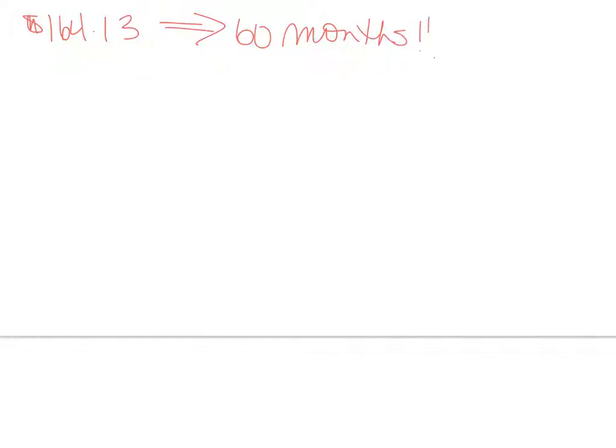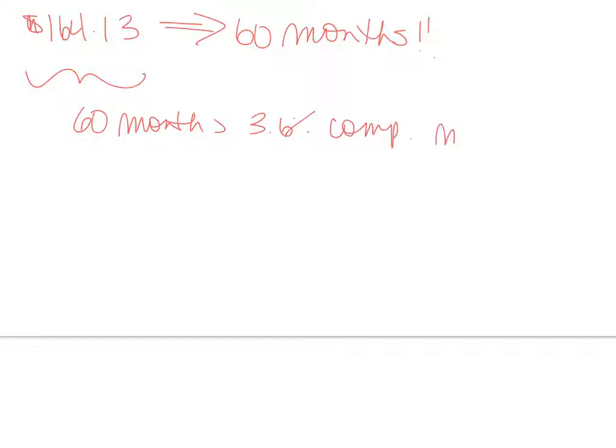So for example, if Jack decides not to buy the car and instead deposits $164.13 a month into a new account, earning 3.6% interest compounded monthly, how much does he have at the end of 60 months? So 60 months at 3.6% compounded monthly.